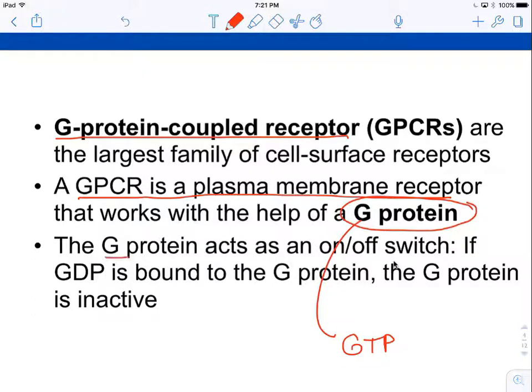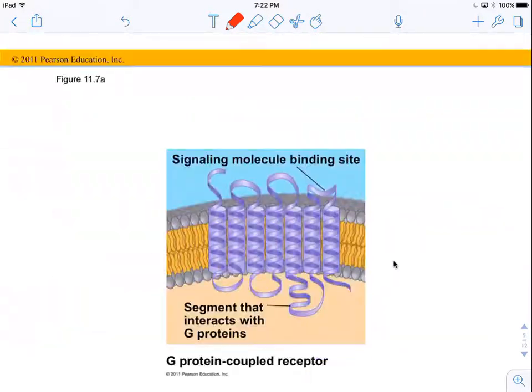Okay. This G protein acts as an on-off switch. If GDP is bound, the G protein is inactive. If GTP is bound to the G protein, then it is active. Okay, and let's take a look and see how that works.